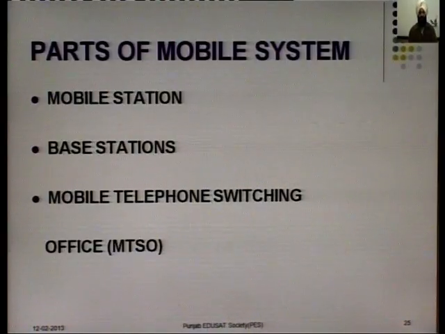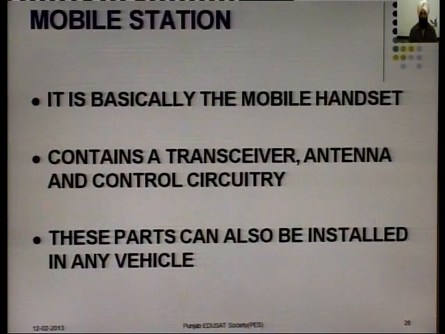Then the parts of the mobile system are the mobile station, base stations, and the mobile telephone switching office, that is MTSO. The mobile station is basically the mobile handset. Everybody these days has a mobile handset. The mobile handset with the SIM card, that is the subscriber identity module card of any service provider, becomes the mobile station.